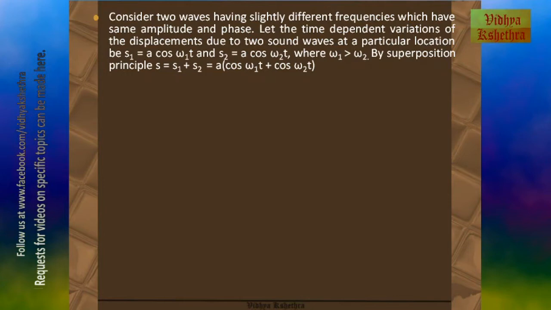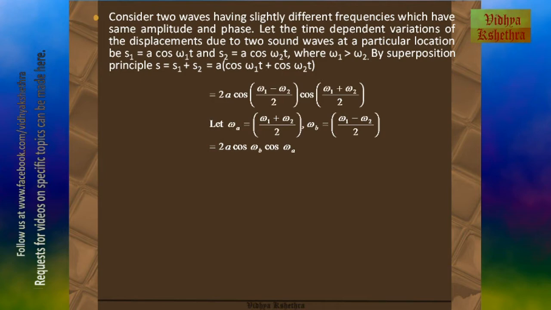So by using the principle of superposition, the net waveform is given by S1 plus S2. That's equal to A into cos omega 1t plus cos omega 2t. By using the trigonometric formula, cos omega 1t plus cos omega 2t is given by 2 cos of (omega 1 minus omega 2) by 2 into cos of (omega 1 plus omega 2) by 2.